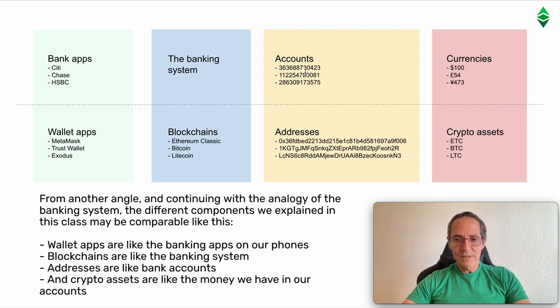Then the accounts are the addresses in the analogy. And the currencies that we may have in our banks, like the US dollar in America, or British pounds in the UK, or yuan in China. On the blockchain we have ETC, Bitcoin, and Litecoin.